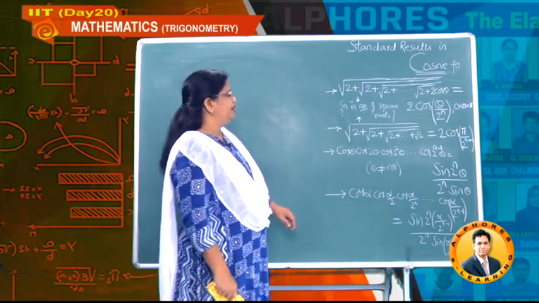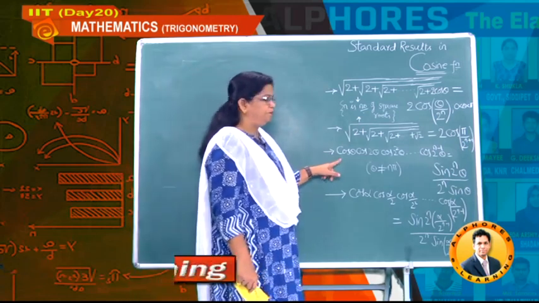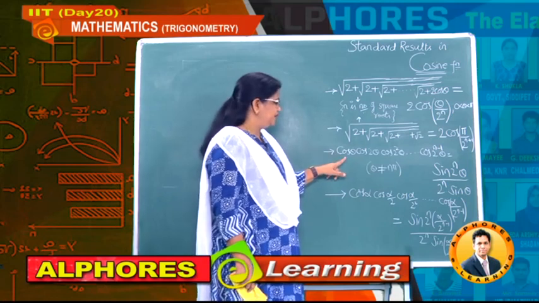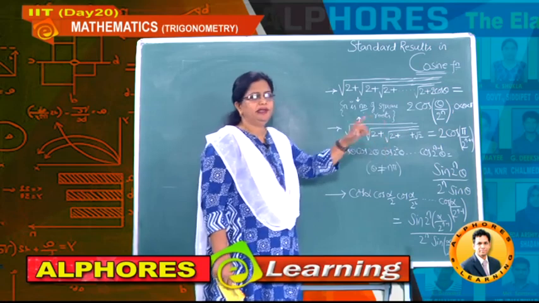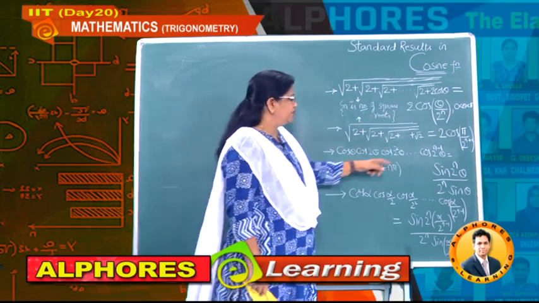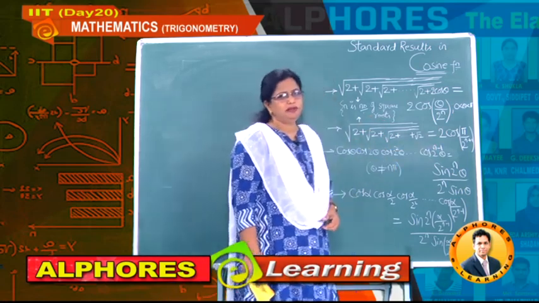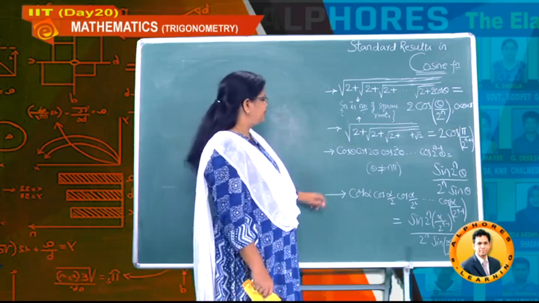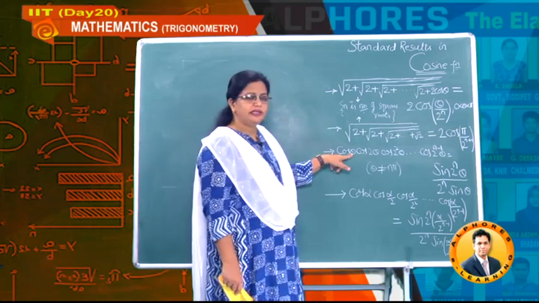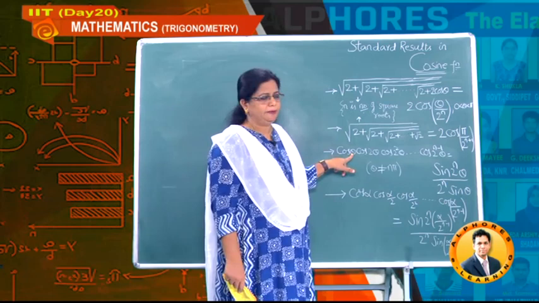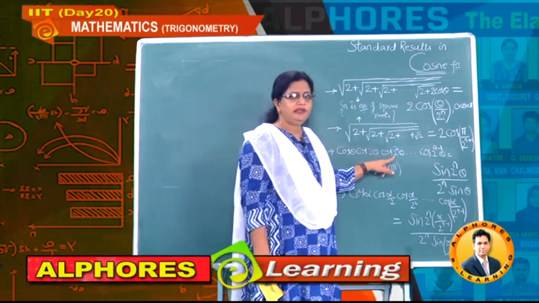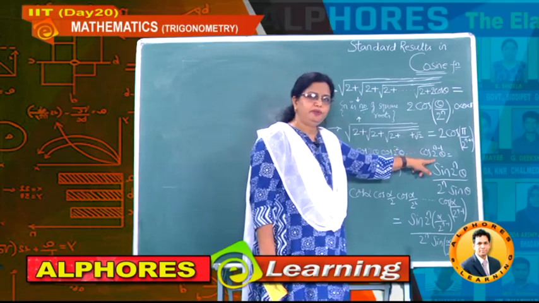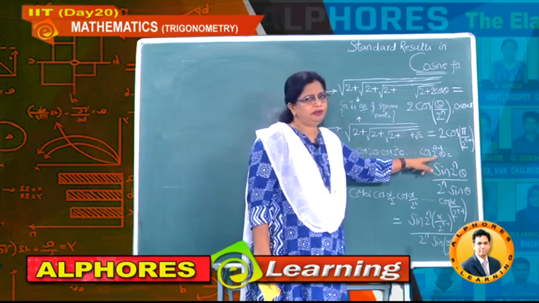And let us take now the third one, that is cos theta into cos 2 theta into cos 2 square theta, etc., up to cos 2 to the power of n minus 1 theta. Understand, students? Now here the first one is 2 power 0 into theta, this is 2 power 1 into theta, 2 square theta, etc., 2 to the power of n minus 1 into theta.